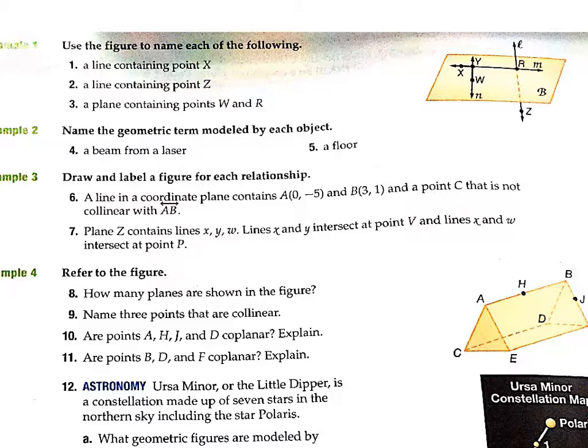We could either write line RZ with a line symbol over it, or we could also write line L because it's a lowercase italicized letter. Remember, the order of the 2 points doesn't matter here.